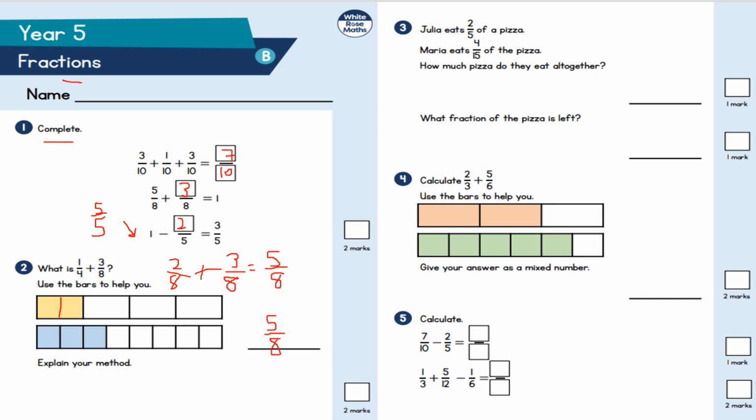Question number 3, Julia eats 2/5 of a pizza. Maria eats 4/15 of a pizza. How much do they eat altogether? We're going to have 2/5 plus 4/15.